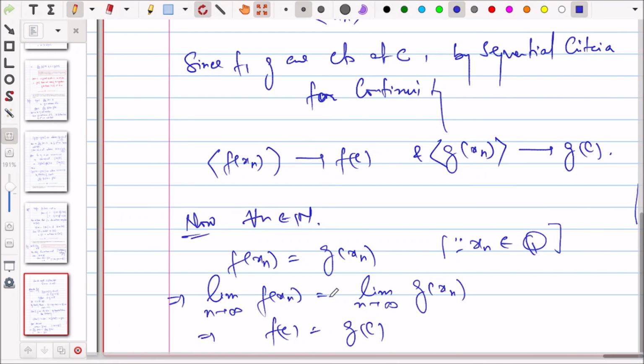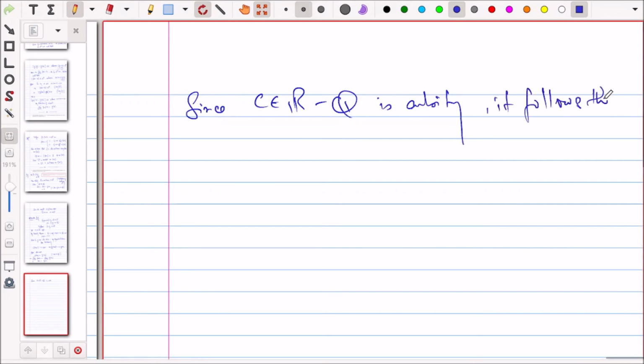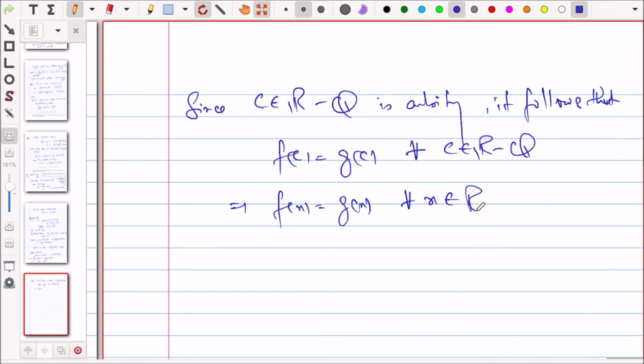Since c belonging to R minus Q is arbitrary, it follows that f(c) is equal to g(c) for all c in R minus Q. Since we are already given that f(x) is equal to g(x) on Q, f(x) equals g(x) on complete R.